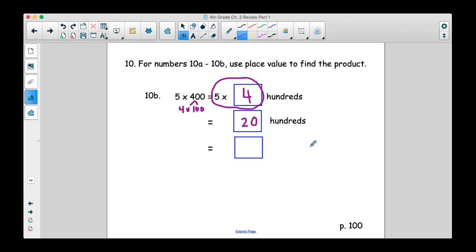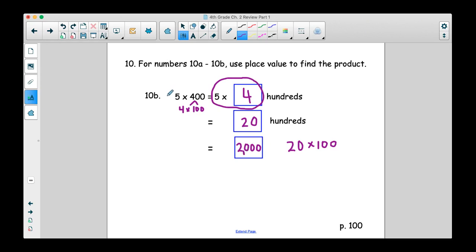Okay, now 20 hundreds is the same as 20 times 100. Or 20 written out 100 times. That's a lot of 20s, right? So that's the same as 20 hundreds, or 2,000.